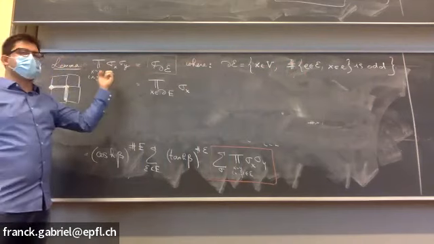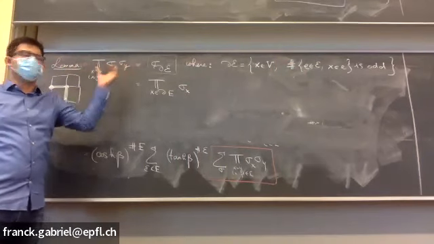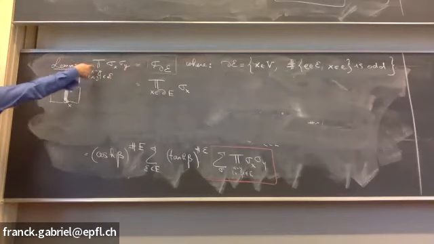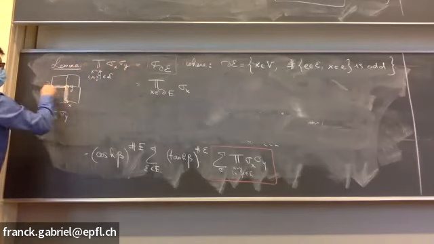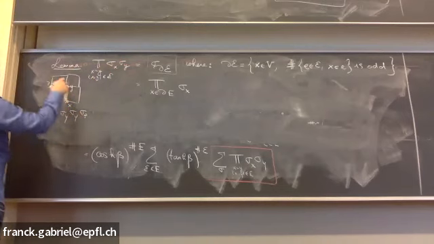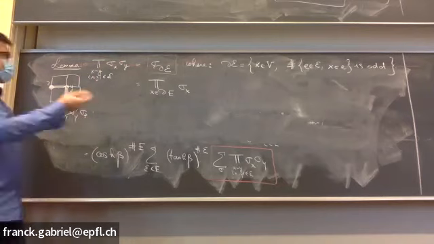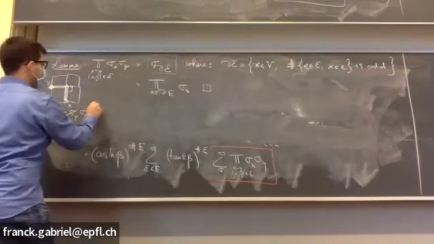So if a vertex appears an even number of times inside this product, I don't care about it. Typically, if I have x, y, z, and I look at this product, it's sigma x, sigma y, sigma y, sigma z, sigma z, sigma y, sigma z. You see that y appears an even number of times, so I don't care about it. What I get is sigma x, sigma z. So this is the first lemma, which is very trivial. Second lemma.